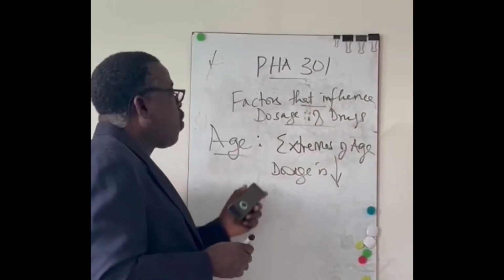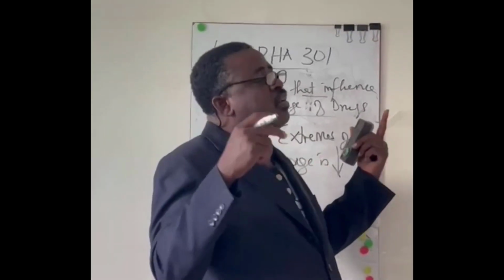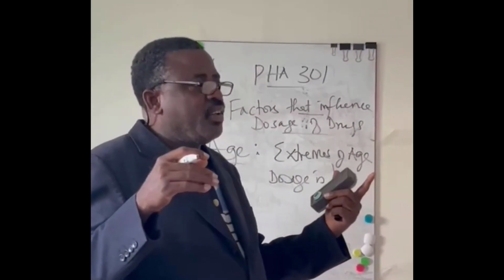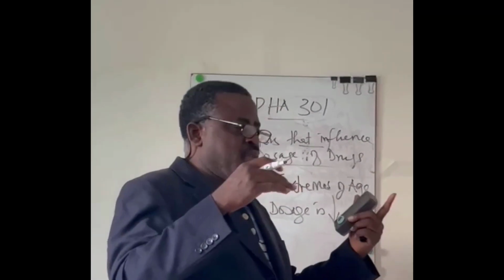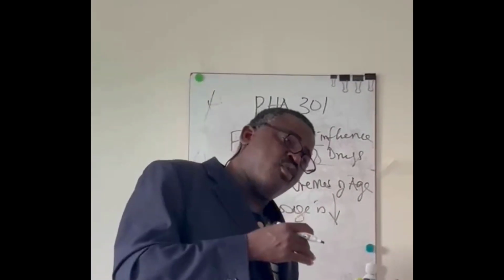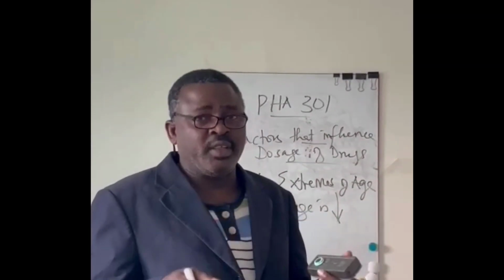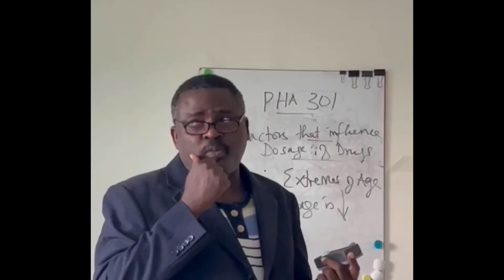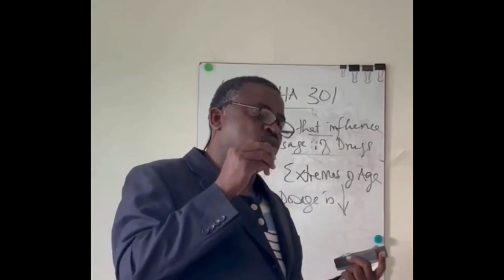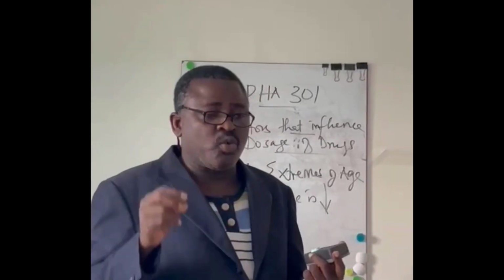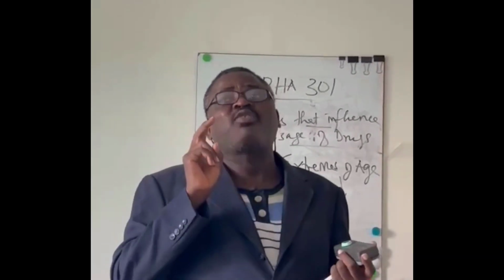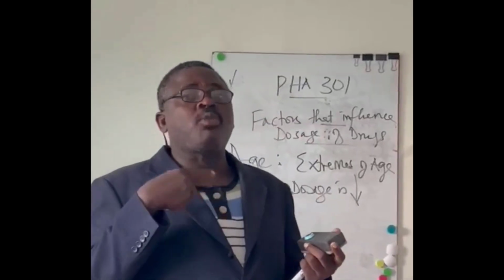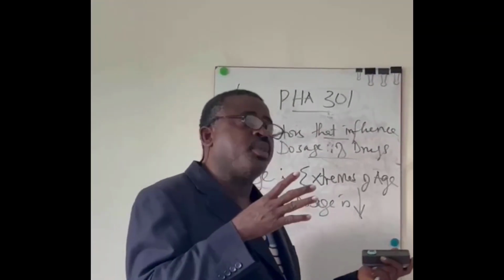Now, you may wish to ask, if you are giving a child an adult paracetamol, how would you use age to determine what they take? Let me say that the cut-off point between childhood and adulthood in pharmacology is placed at 12. But in some countries, they can tell you up to 18.